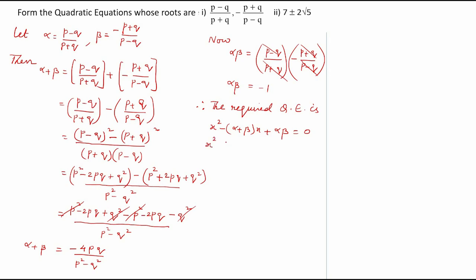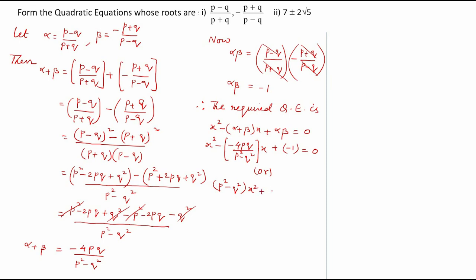That is x square minus, we have the value of alpha plus beta as minus 4pq by p square minus q square, into x, and the alpha beta value is equal to minus 1. Either you can leave it here or you can also take the LCM and write this equation as p square minus q square into x square. That means this p square minus q square is multiplying here as well as it is multiplying with minus 1.